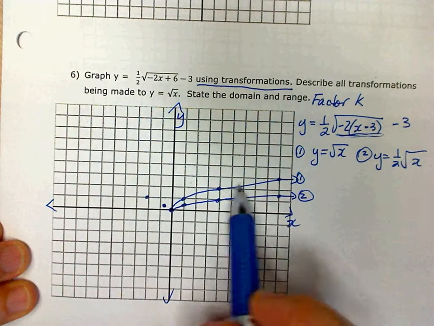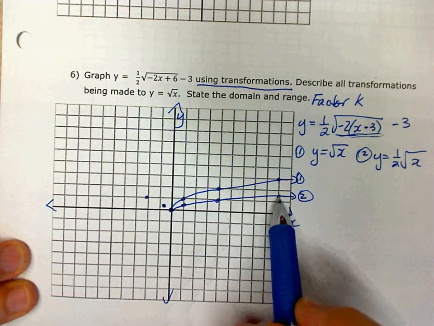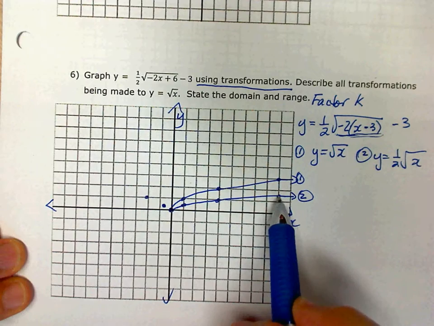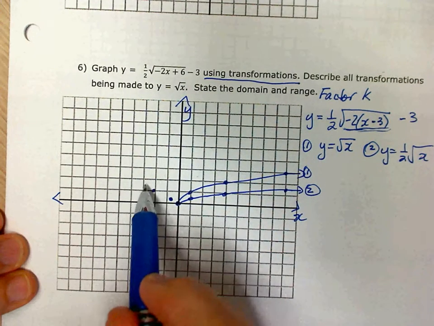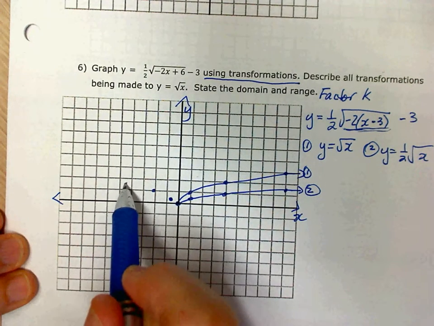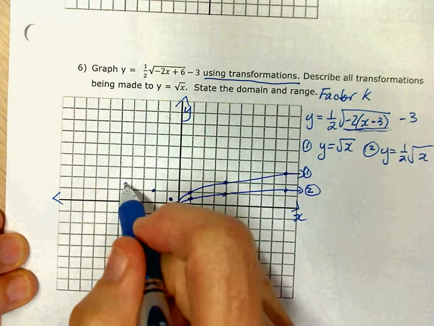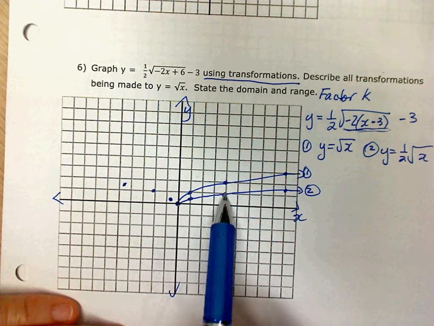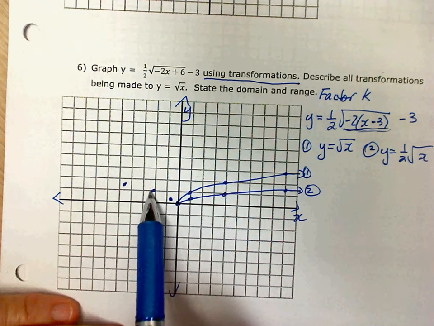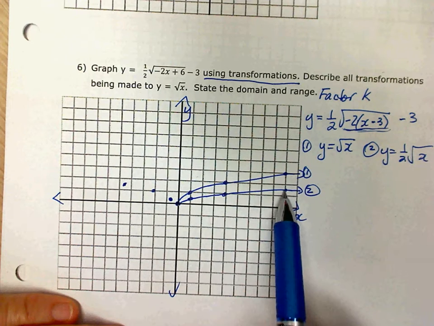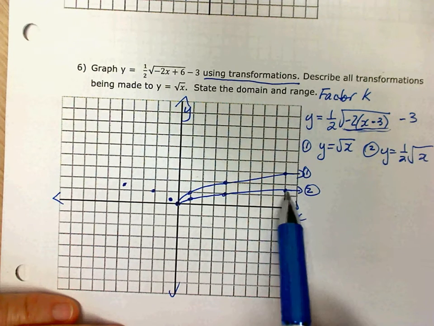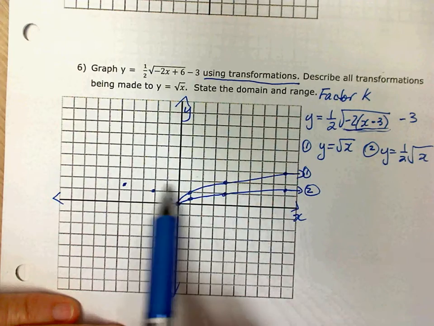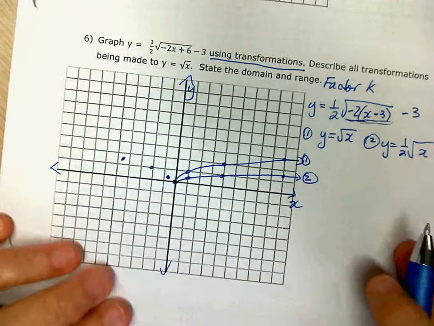And this is 9. 9 times a negative half is negative 4.5. Right there, right? All the x values are multiplied by negative 1/2. So we take it over there. So this is graph number 3.